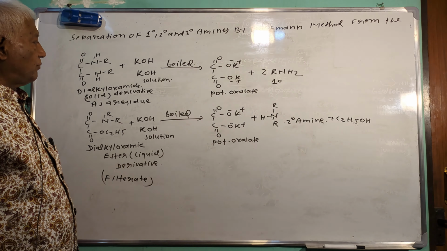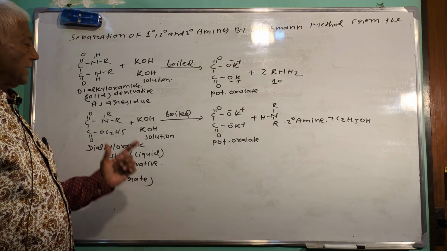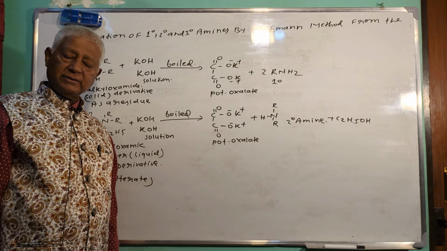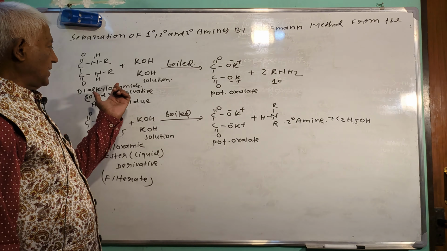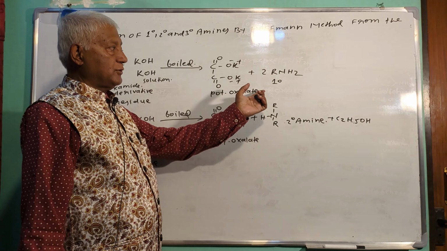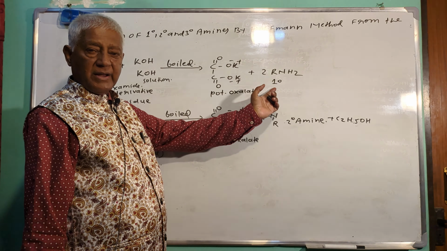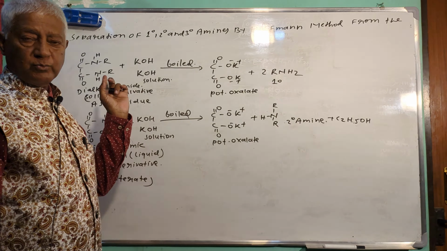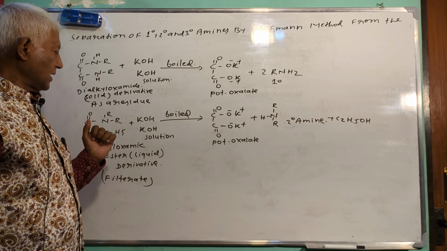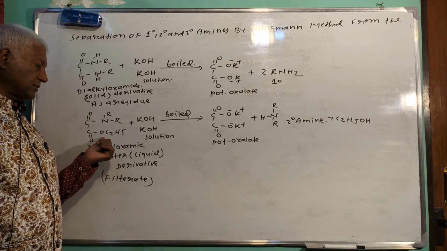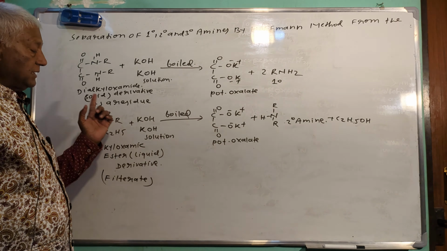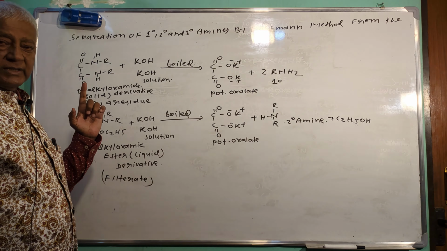Both portions, the solid derivative and the liquid derivative, are boiled with potassium hydroxide. In the first case, the solid derivative gives potassium oxalate and 2 molecules of primary amine, because 2 molecules of primary amine are involved in the derivative. With the second, dialkyl oxamic ester, only 1 molecule is involved in the reaction.